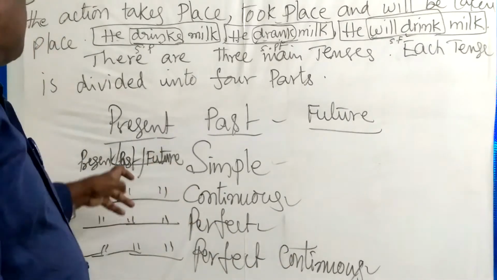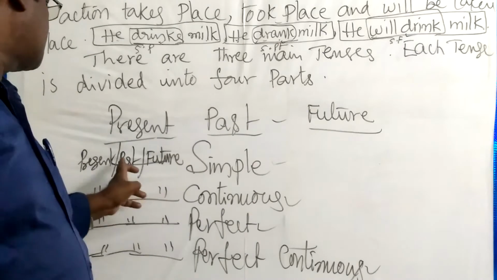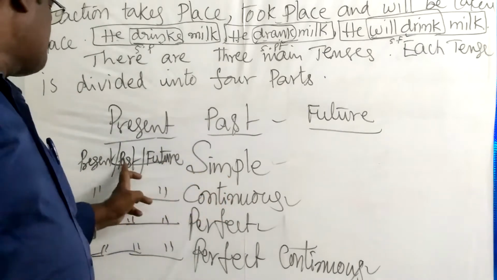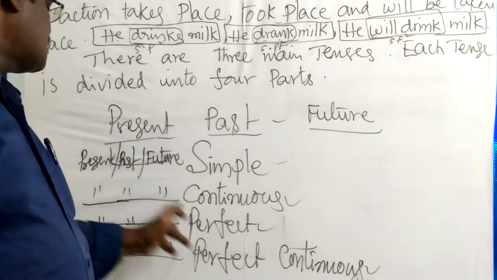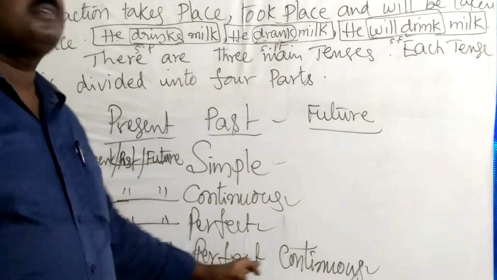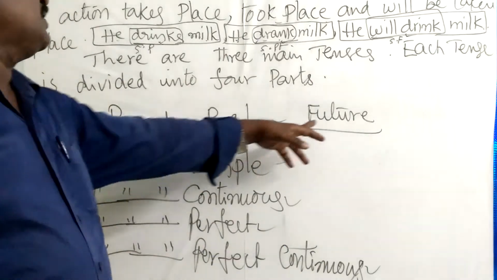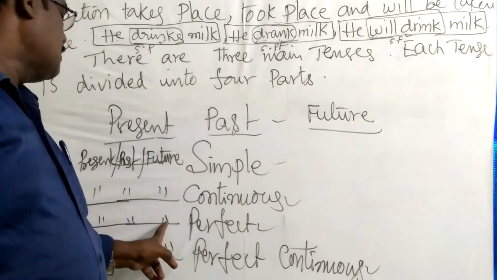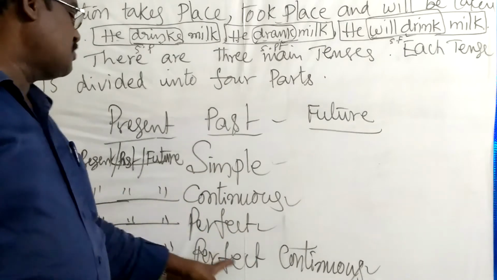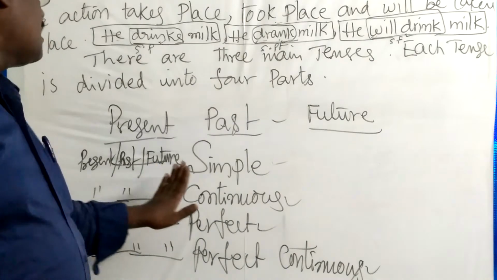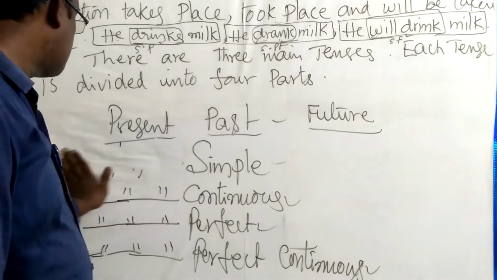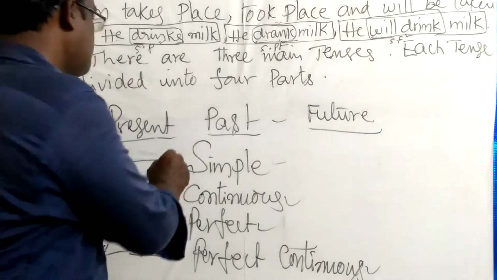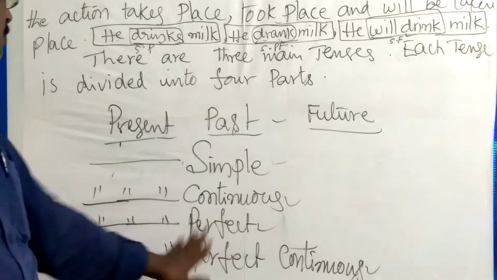In the same way, past tense four subparts: past simple, past continuous, past perfect, past perfect continuous. And the same way future also: future simple, future continuous, future perfect, future perfect continuous. So this is the short formula.